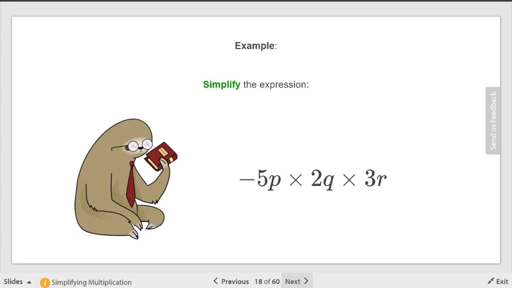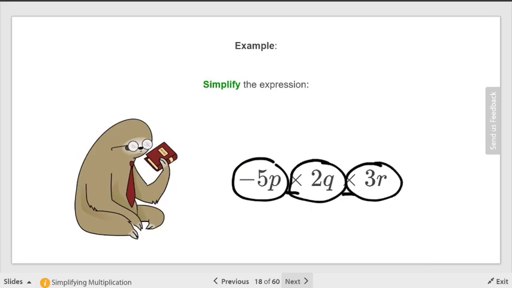Okay, here we go. First of all, what operation is indicated all the way across here? Multiplication. It's all multiplication, isn't it? So that means I can multiply all of those terms. How many terms do I have there? 3. That means I can multiply all 3 of them. So let's first determine the sign. What's the sign of the first term? Minus.